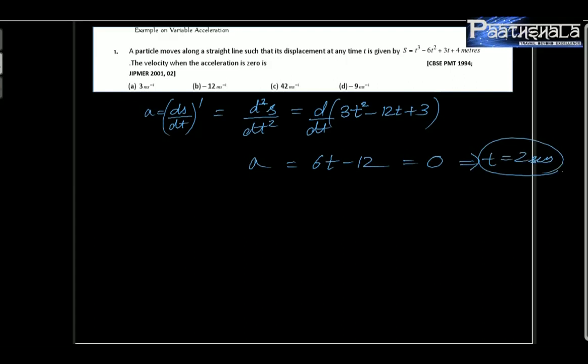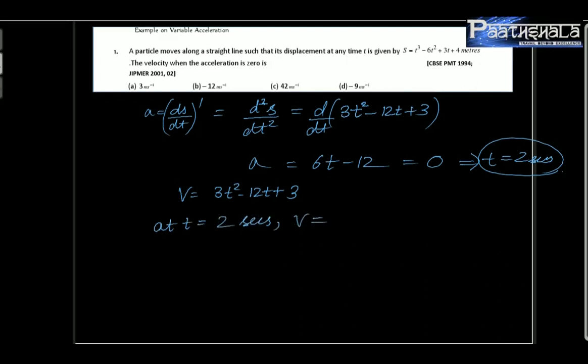So at t is equal to 2 seconds, what is the velocity that is asked? Velocity is the first derivative, so velocity is 3t square minus 12t plus 3, right? This is the velocity.